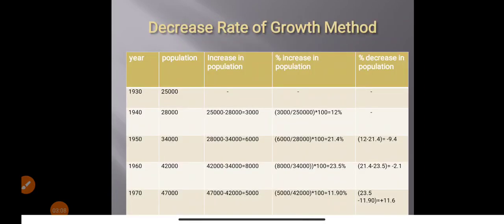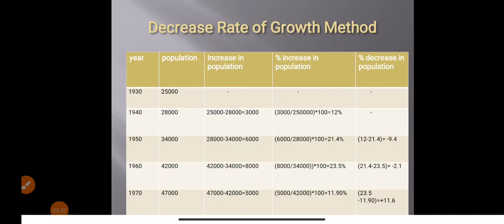The data given are only the year and the population, so only 2 columns are given in the problem. The rest of the 3 columns, increase in population, percentage increase in population, and percentage decrease in population, we have to solve.